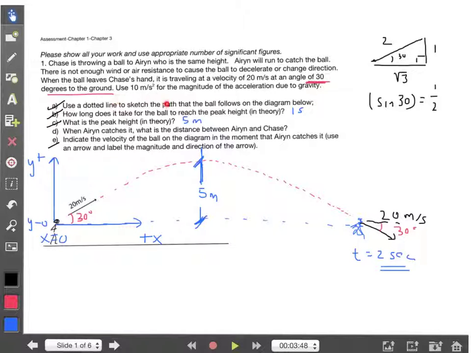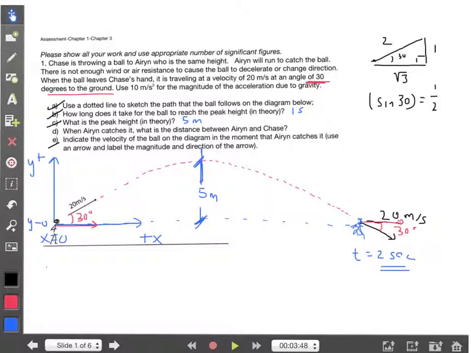There's not enough wind or air resistance to cause the ball to decelerate or change direction. So we're pretending like the horizontal velocity that Chase imparted by throwing this ball is going to be the same at the very end. It's the same throughout. So we can use that.